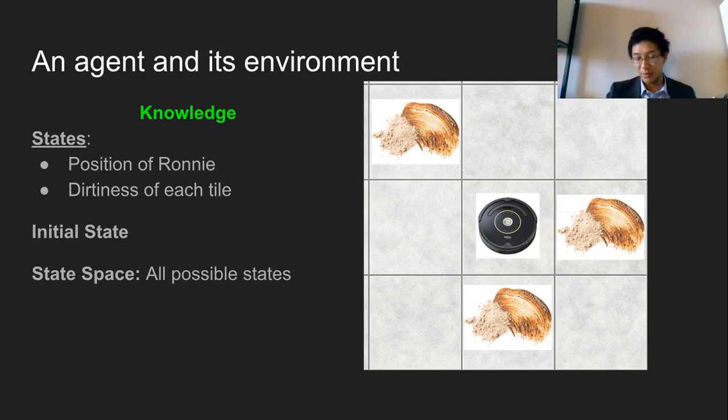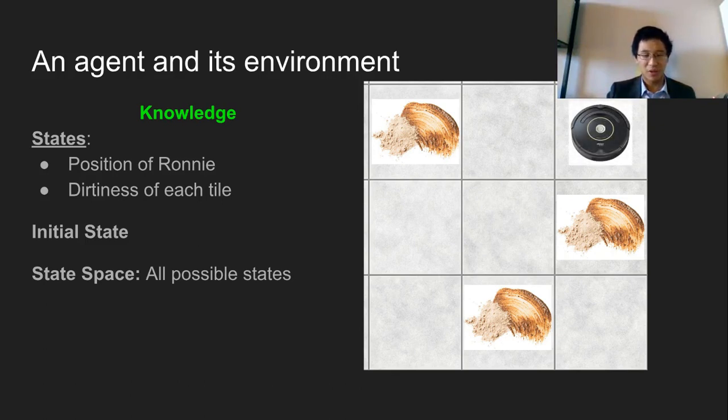So each of the 9 possible spots could be dirty or not dirty, so that allows us to maybe work out the math and find that our state space is roughly 2 to the 9 times 9 for the number of places that Ronnie could be. If you work that out, I think that comes out somewhere between 4,000 and 5,000. So it's a fairly large state space. Surprisingly so, for where it is.